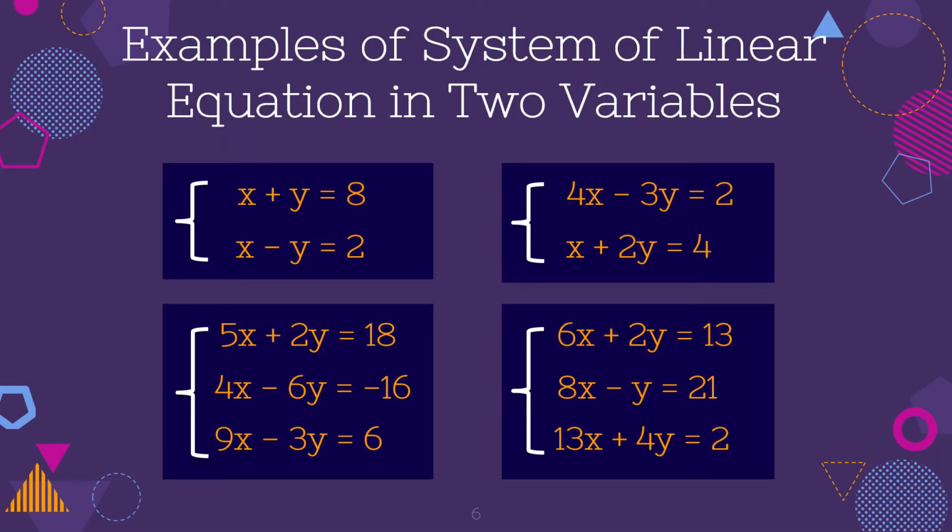A system of linear equations in two variables is two or more linear equations that have common variables. In our case, we have the variable x and the variable y. We have linear equations in the form ax plus by equals c, where a, b, c are real numbers, and a, the coefficient of x, should always be positive.